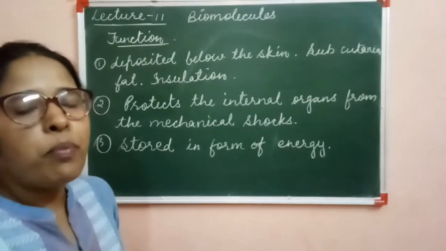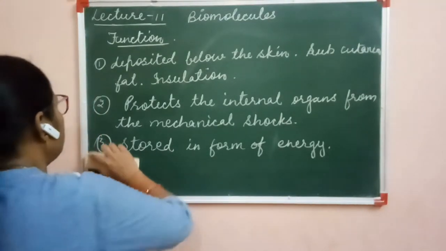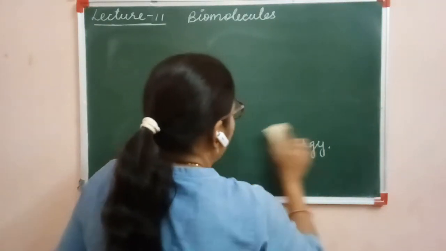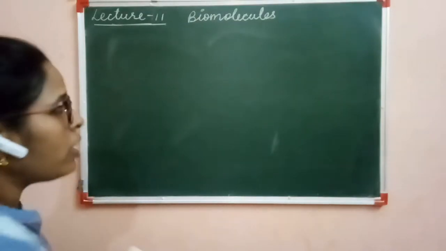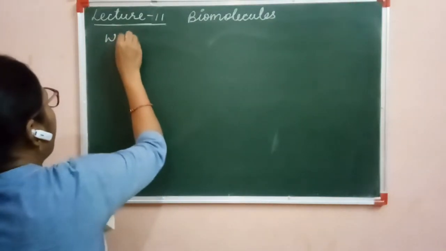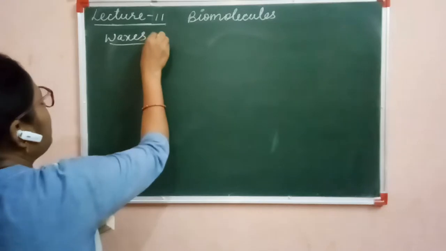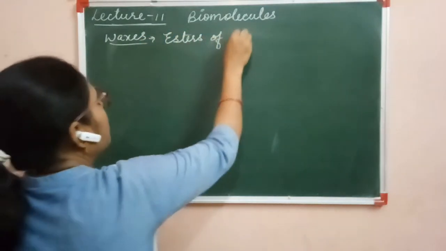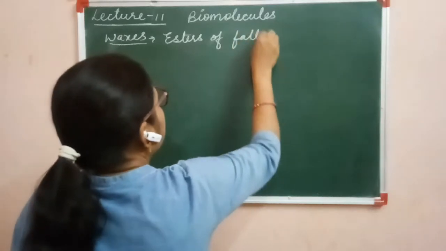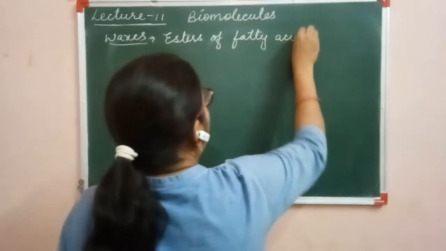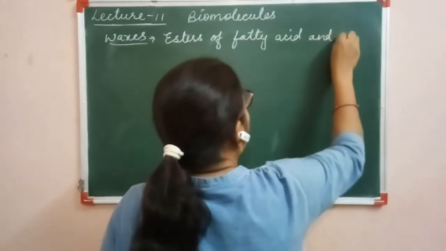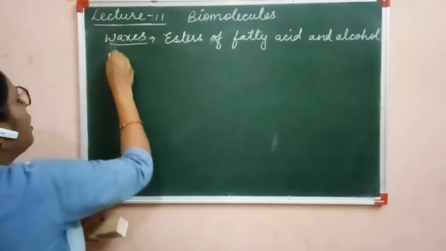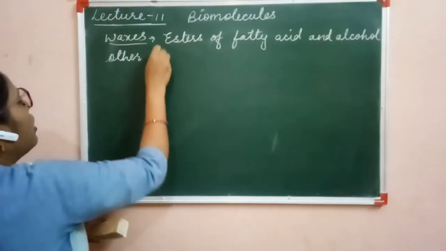Now the second type of simple fat is called waxes. Waxes are also a type of simple fat, and these are esters of fatty acids and alcohol other than glycerol.